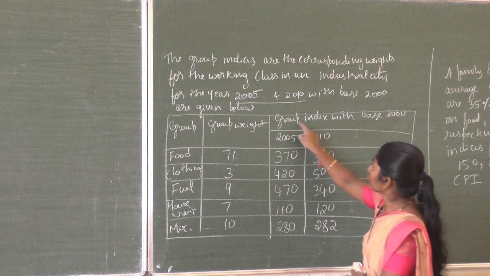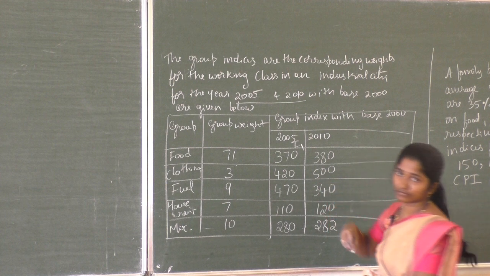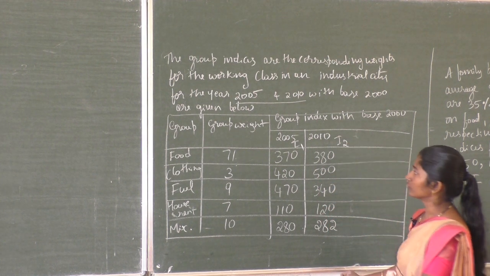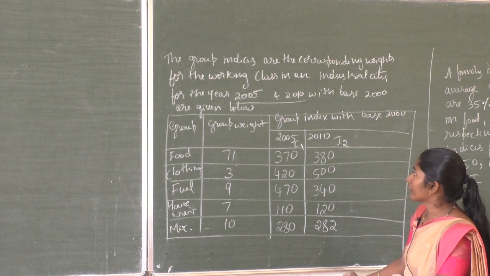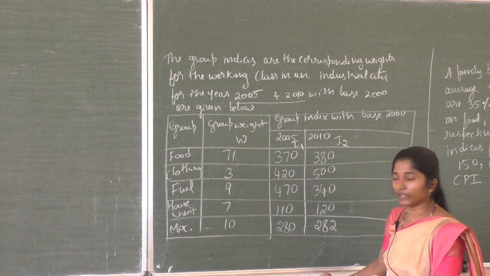Therefore, the group index for the first year I will take as I1, and the second one I will take as I2. Now two values are given for a base. The group weight is W only.